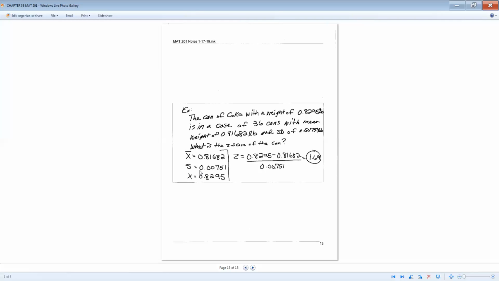Then they give us the standard deviation of 0.00751 and the mean of 0.81682. All right, so 0.8295 is our data value minus the 0.81682, which is the mean, divided by 0.00751, which is the standard deviation. So it is 1.69 standard deviations above the mean.